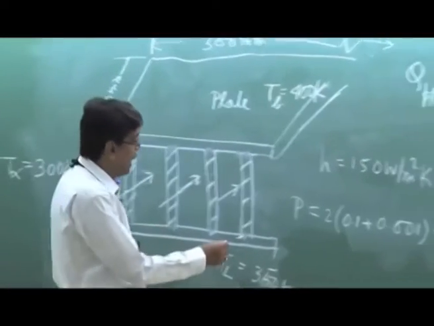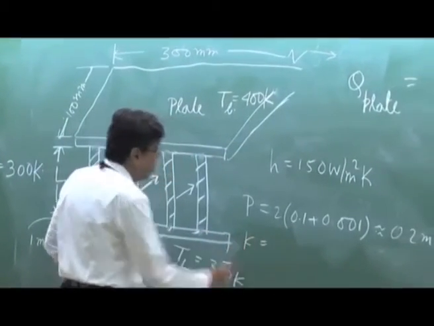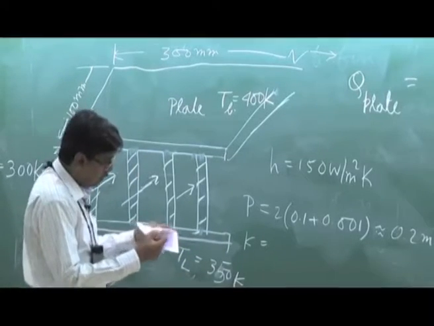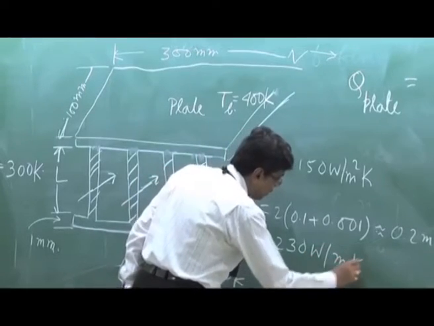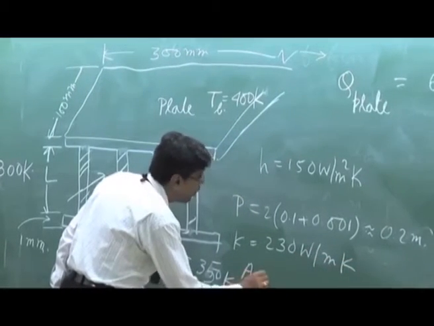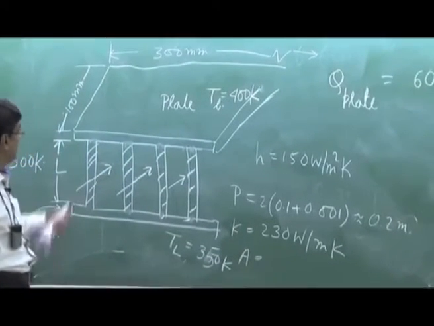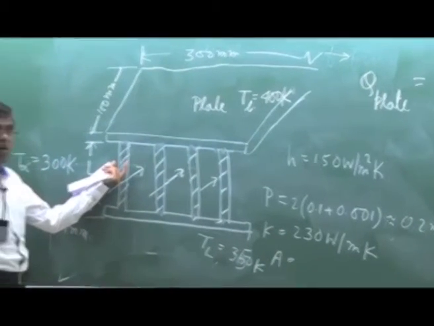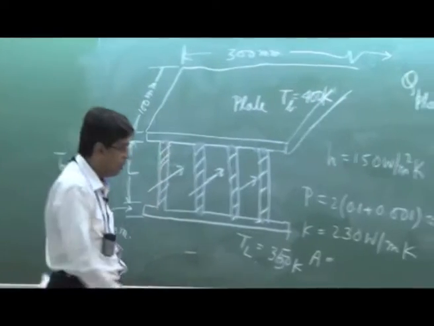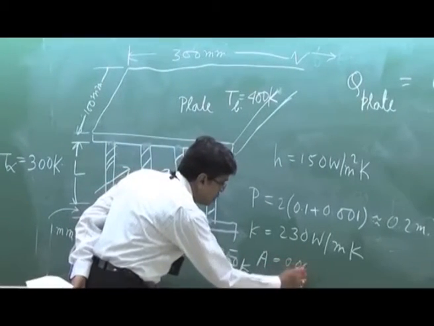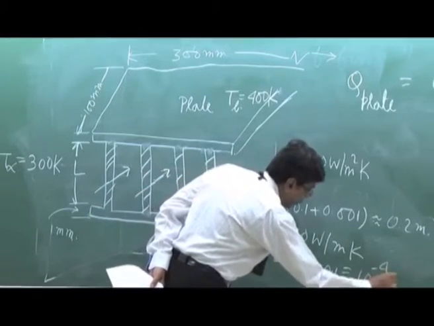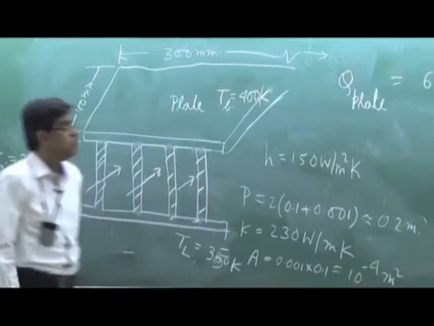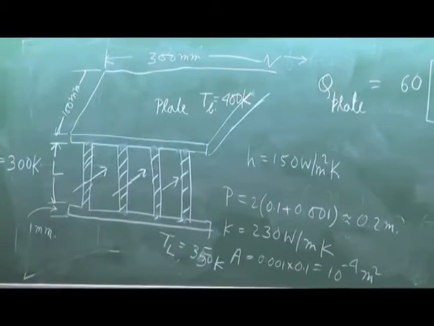Now what we require? K. K is 230 watt per meter K. What is the cross-sectional area? A of the fin is 0.001 into 0.1, which is equal to 10 to the power minus 4 meter square. h, P, K, A, everything is there.